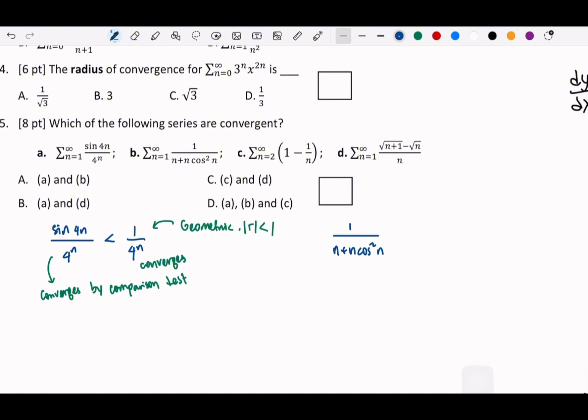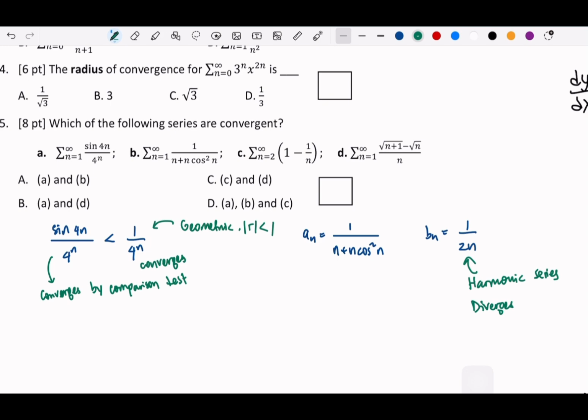Suppose that this is a_n, and let's say we have b_n is 1 over 2n, since the cosine has a maximum number of 1, right? And this diverges because it's a harmonic series.